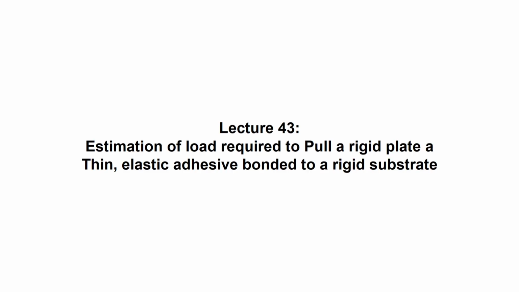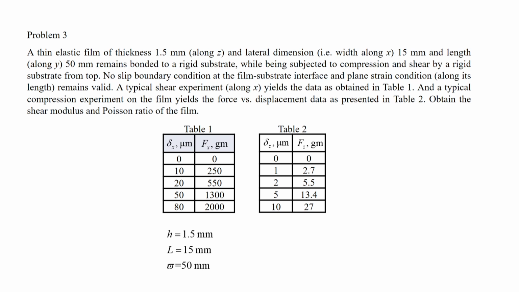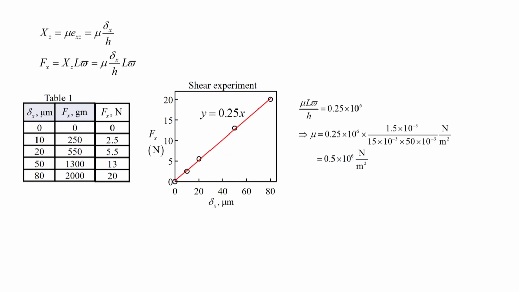Today we will continue to discuss the problem from the last lecture. Remember, we have this film of given dimensions and we have carried out two kinds of experiments. In one case it was sheared from the top, and from there we obtained the shear modulus of this film to be 0.5 megapascal.